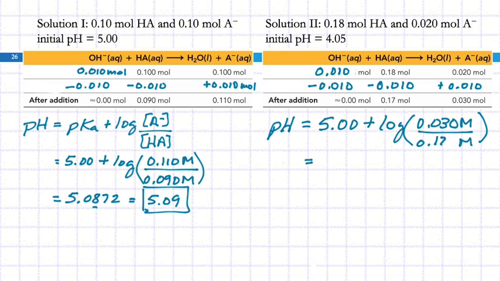So the calculator is giving me 4.2467, which would be 4.25 as my pH.